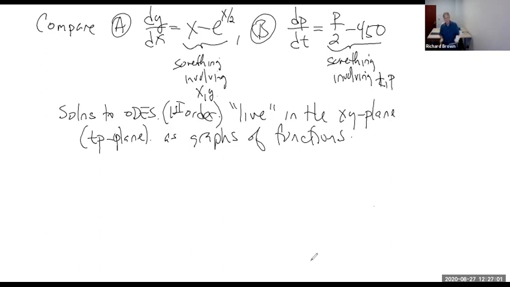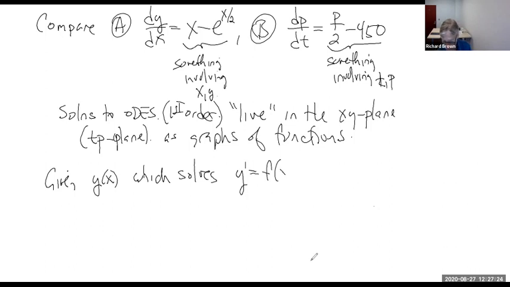One of the tools we'll use for this is the notion of graphing without actually graphing. So what does that mean? Suppose we have a function y of x which solves a differential equation, y prime equals some function of x and y. So we have a solution.